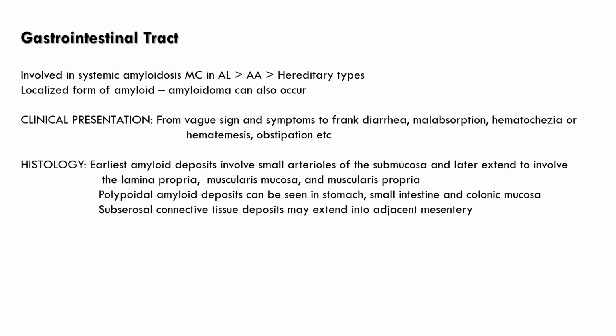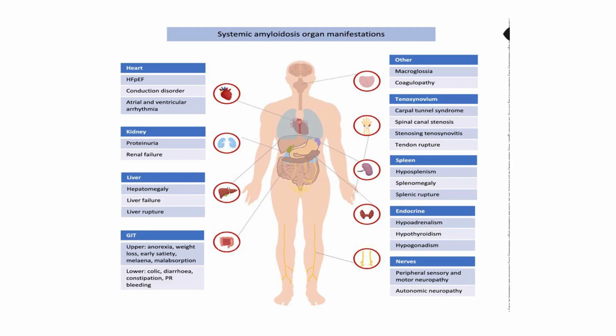Now this is GIT amyloidosis, in which the most common is AL, more than AA, more than hereditary amyloidosis. The localized form of amyloid is also known as amyloidoma. And this is the systemic amyloid organ manifestation.